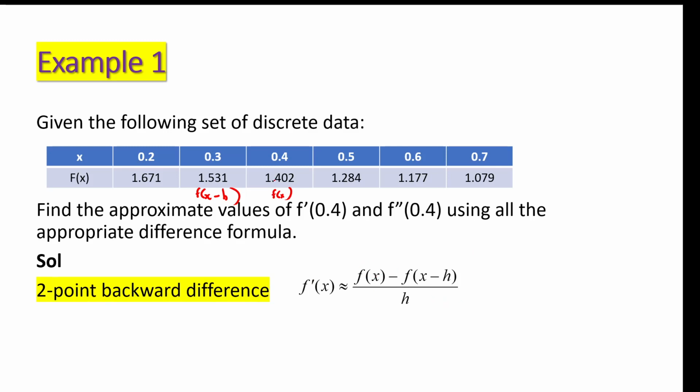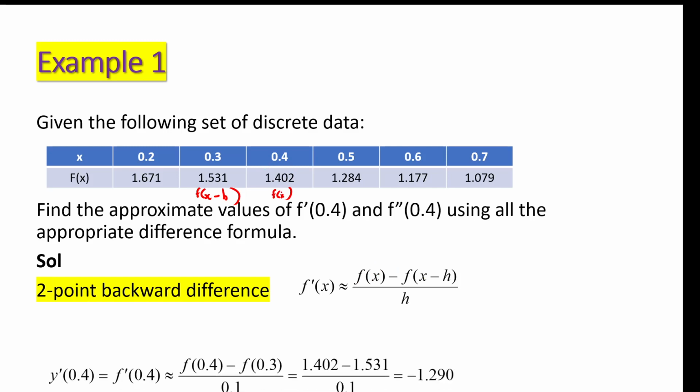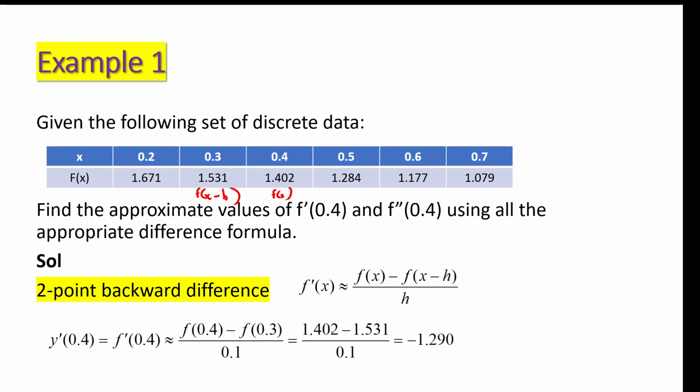Then plug in f(x) 1.402, f(x-h) 1.531. Your h is actually 0.3 minus 0.2, which is 0.1. 0.4 minus 0.3, 0.1. 0.5 minus 0.4, the increment is 0.1, and so on. So this is the h. Calculate it, you will get negative 1.290.